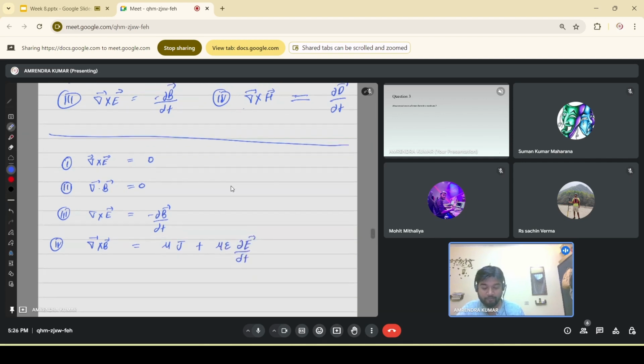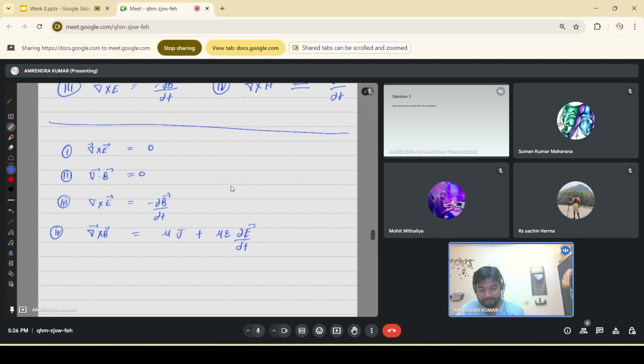Now what you can do, as we have done earlier, is take the curl of the third equation.